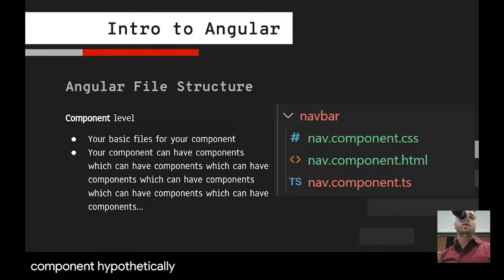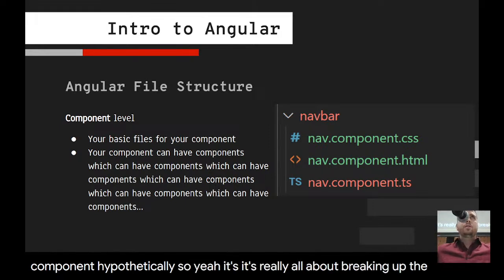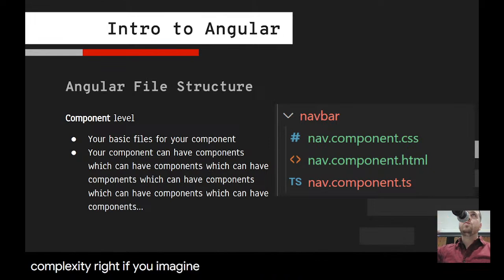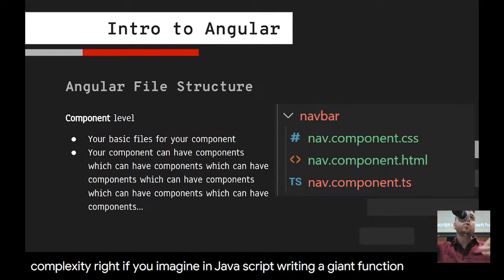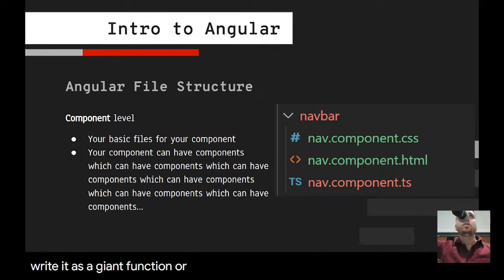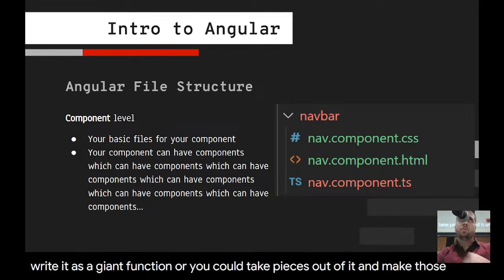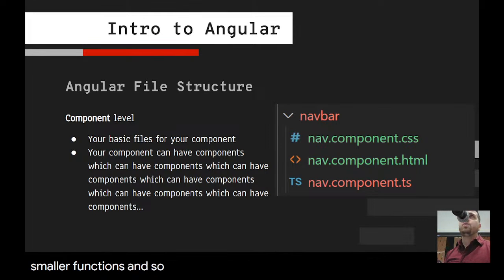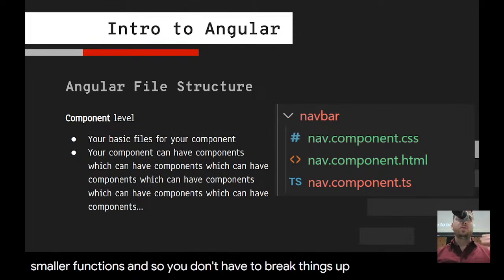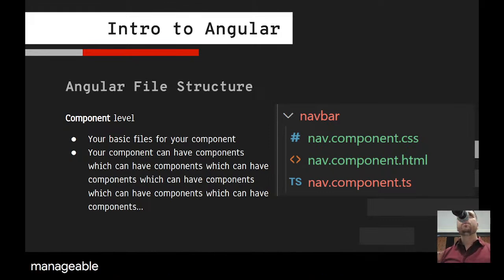So it's really all about breaking up the complexity, right? If you imagine in JavaScript writing a giant function, you could write it as a giant function, or you could take pieces out of it and make smaller functions. You don't have to break things up into smaller components, but as an application grows, it makes it more manageable, right? Cool. Thanks for the question.